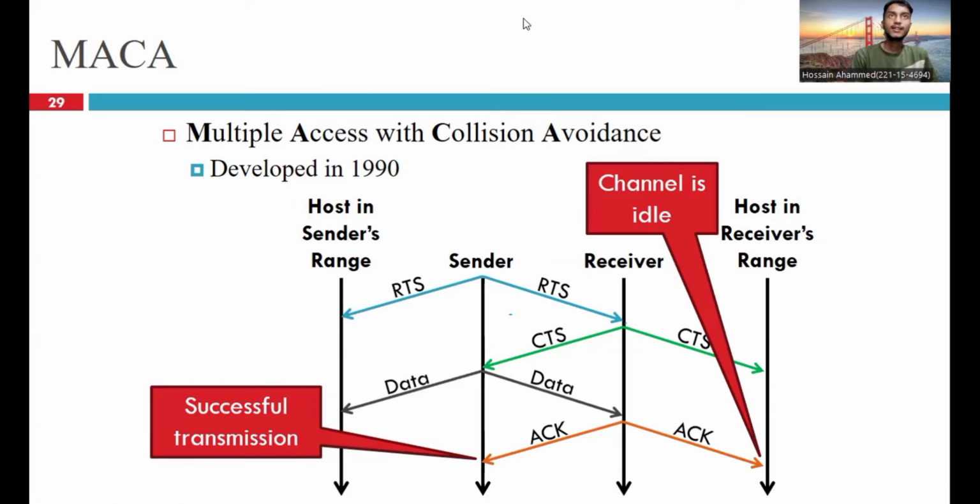Here you can see the process by which sender and receiver communicate with each other. Let's call the sender device A and the receiver B.